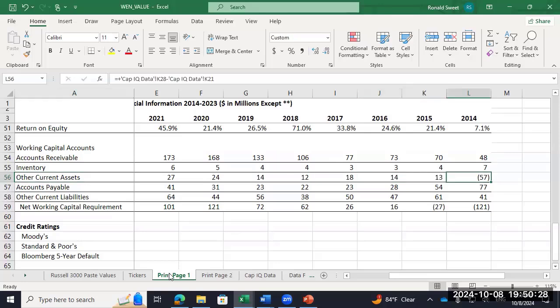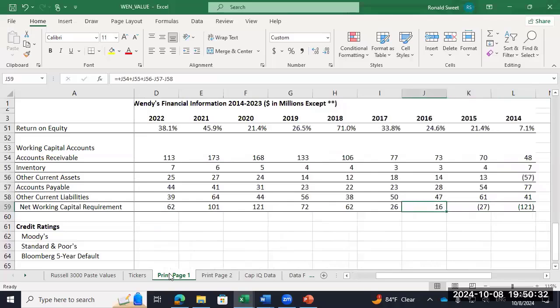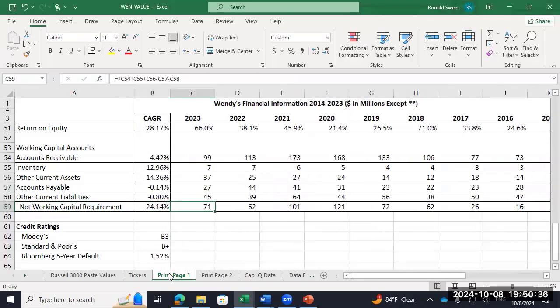So you could certainly say that it's gone from a use of 16 million to a use of 71 million. And where is that use coming from? Again, look at the largest items. You might say inventory, but that's a really small number. So you kind of look through and see if something's telling you, but their accounts payable and the current liabilities aren't growing at all.